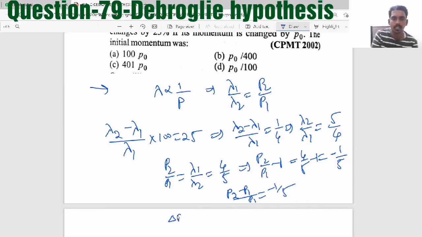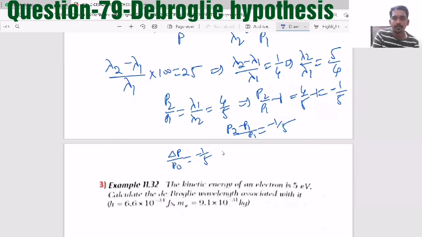P2 minus P1 means delta P, so delta P by P naught equal to minus 1 by 5. Then delta P means P final minus P initial equal to minus P naught by 5. So P final equal to P naught minus P naught by 5, so P final equal to 4 P naught by 5.